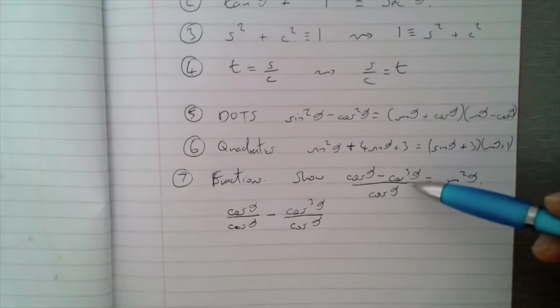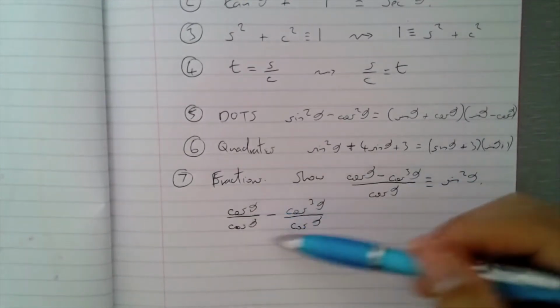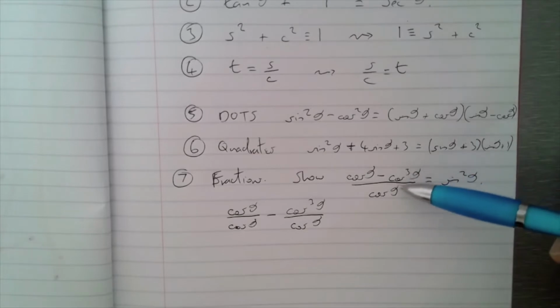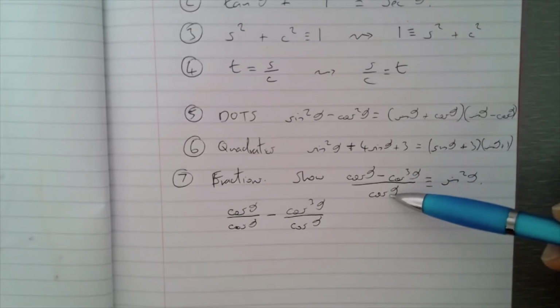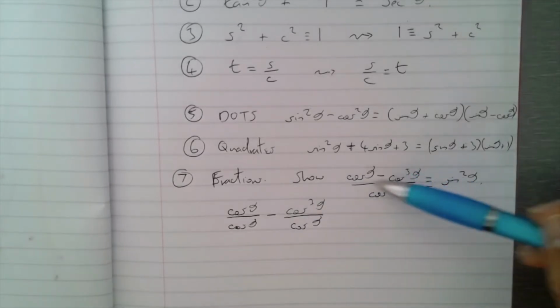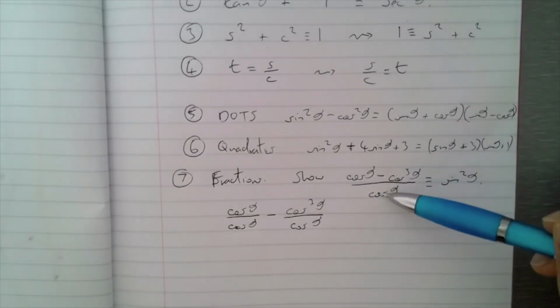So all I've done is I've separated this back out into its original fractions. It was cos theta over cos theta plus minus cos cubed theta over cos theta. That's how you add fractions together. You make the denominators the same, and then you write the sum of the top bits over the denominator.